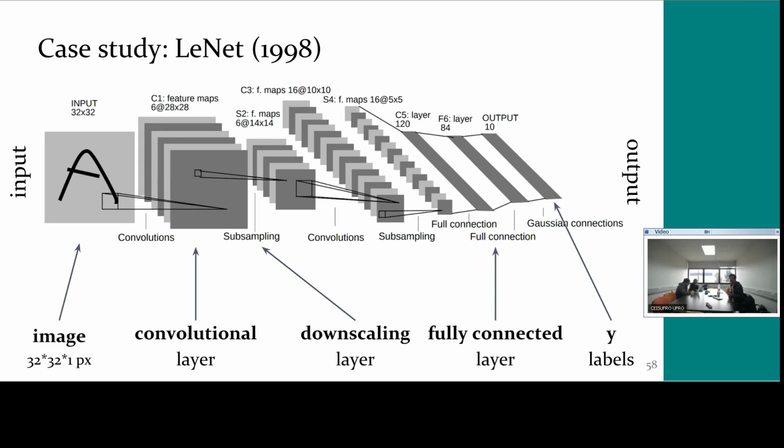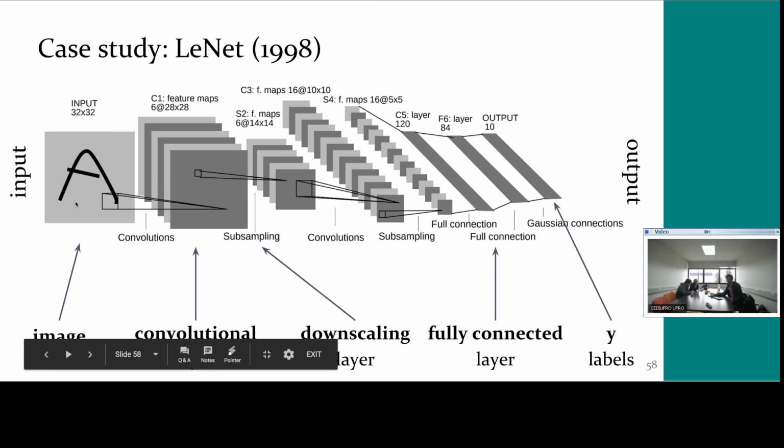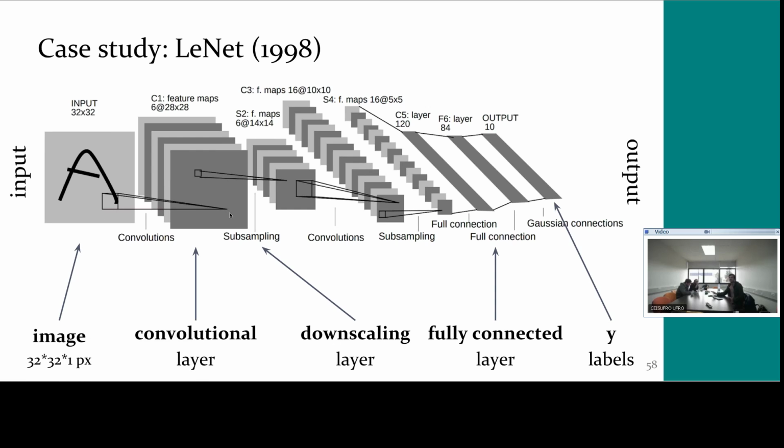So if we jump back into the case study that we started with, LeNet. This is the scary neural network from 1998. It's not as scary, because what we have here is just the input, then a convolution, which looks at an area and jumps with the block, giving a result.